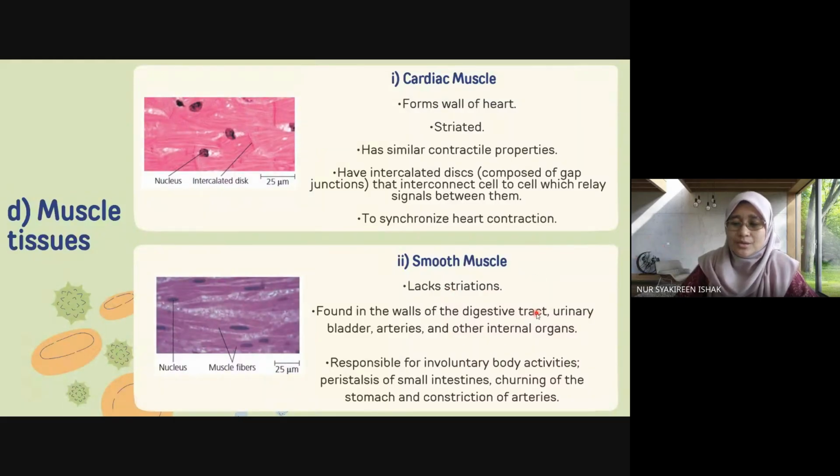Also the urinary bladder, and the arteries, with vasoconstriction and vasodilation according to the need of your body metabolism and body temperature, and other internal organs. They are responsible for involuntary body activities, so you cannot control the contraction of this smooth muscle. Examples are peristalsis in the small intestine, churning of the stomach, and constriction of arteries.